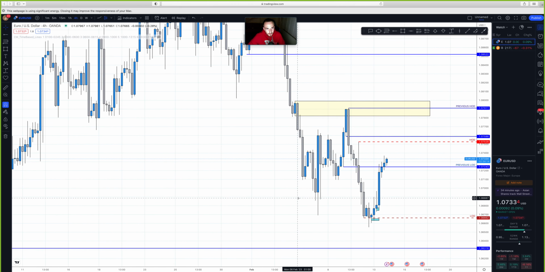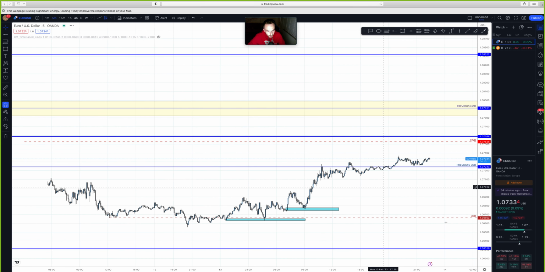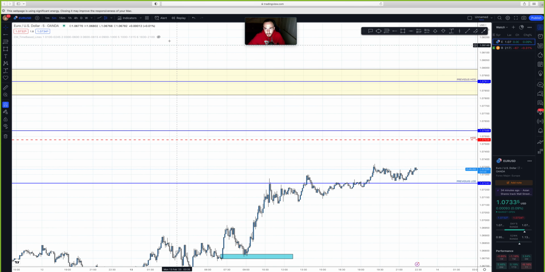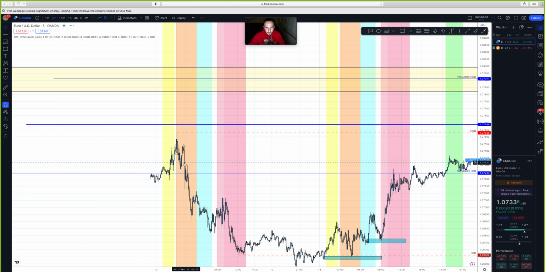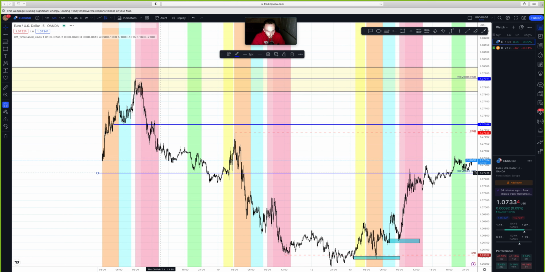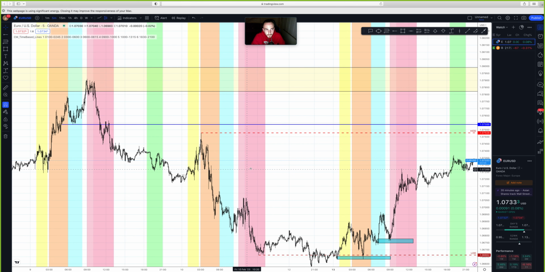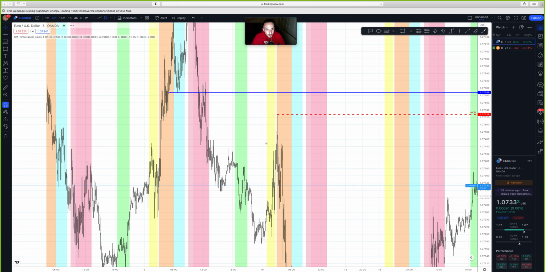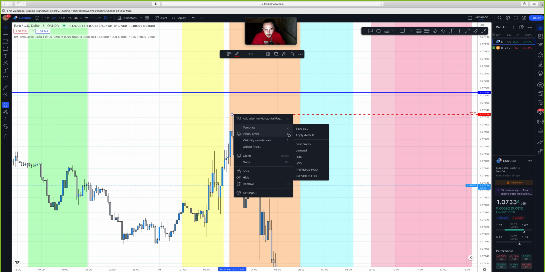So let me clean my chart up a little bit and show you guys exactly what I mean with that. Now that we're going to be trading on Tuesday, let's delete the previous highs and previous lows of days real quick. So we're going to delete this, delete that, and then this high of day becomes the previous high of day right here.